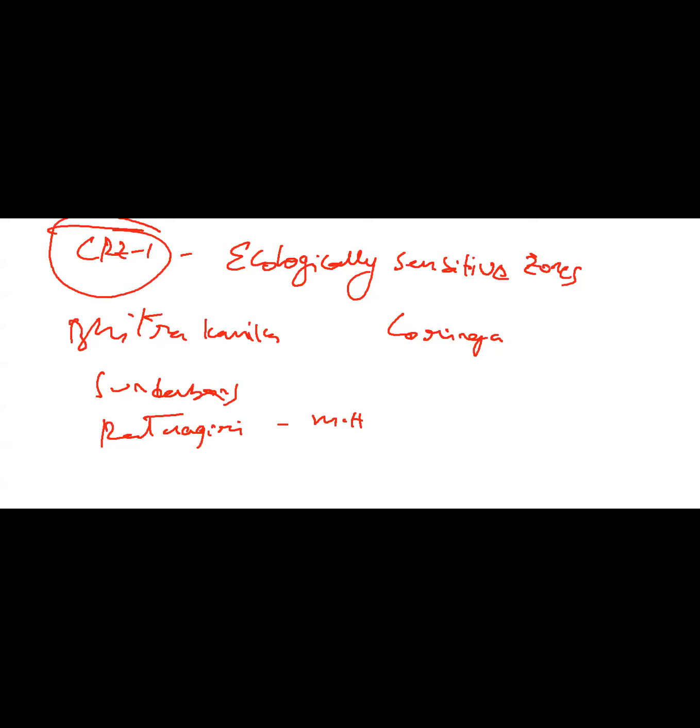Second one is coastal regulation zone 2, CRZ2. What is coastal regulation zone 2? These are coastal areas that are already developed. The coastal places in the country that are already developed.